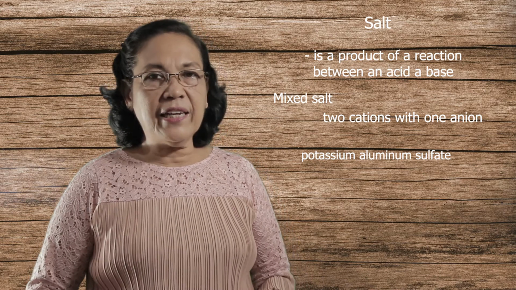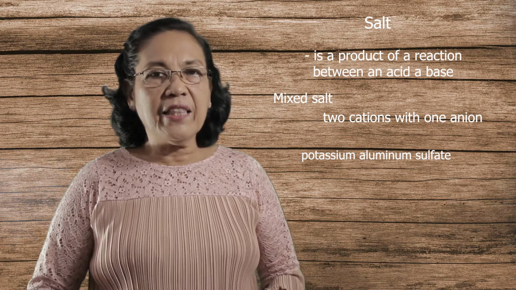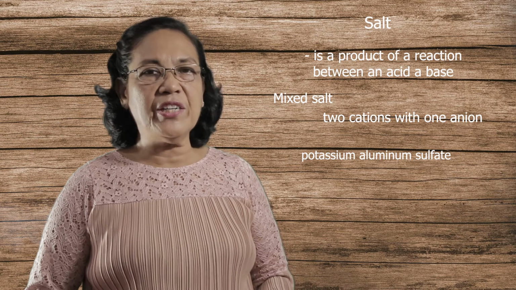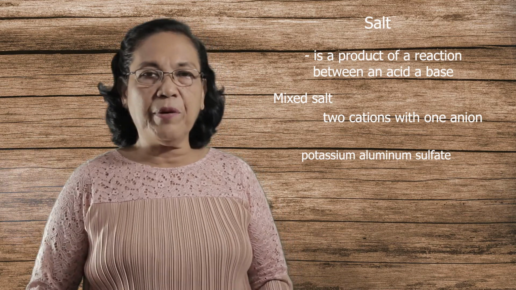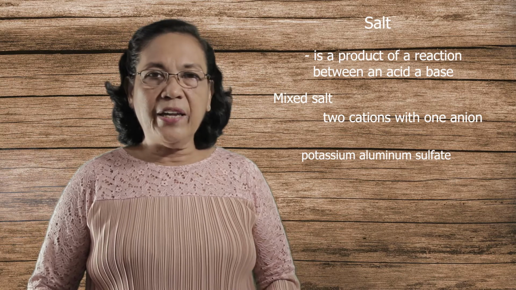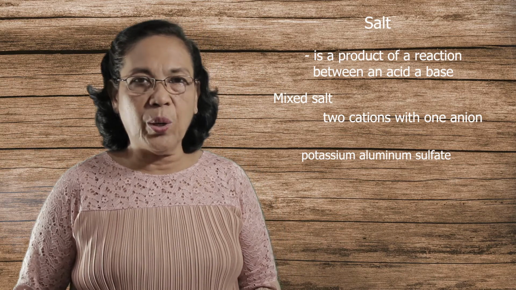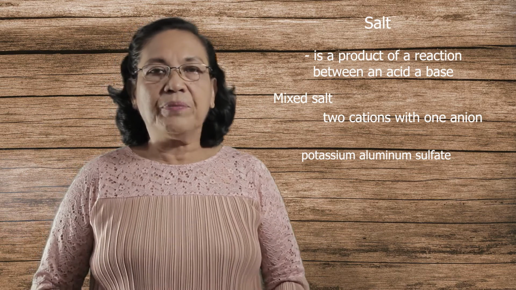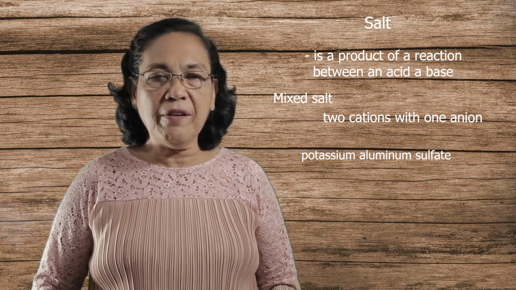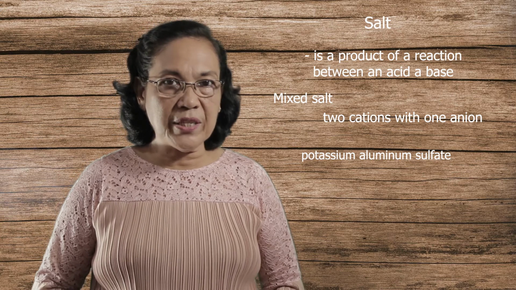I said in the previous meeting that there will be an exchange of charges to become the subscript. Now, where will the subscript of sulfate go? And where will the total charge of potassium and aluminum go? Now, the charge of sulfate will go to the first cation.